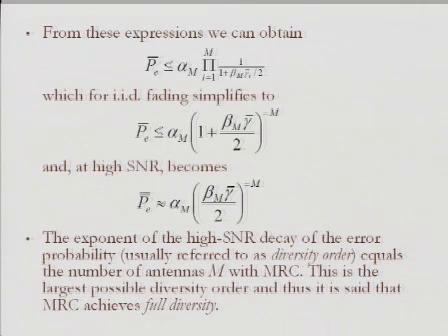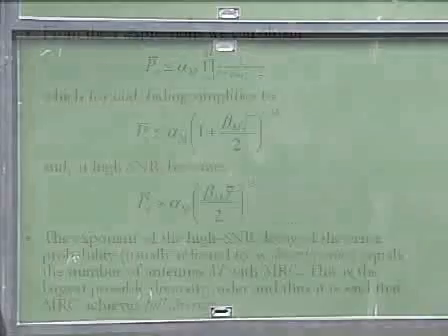The slope of the curve of the error would be... Yeah, exactly. So what you do is you plot PE bar as a function of gamma bar, and you see what's the exponent. In fact, this is really how diversity is measured if you don't know what it is. So you plot this, and now how do you see the exponent? There's a very easy way. Turn this equation into a logarithm.